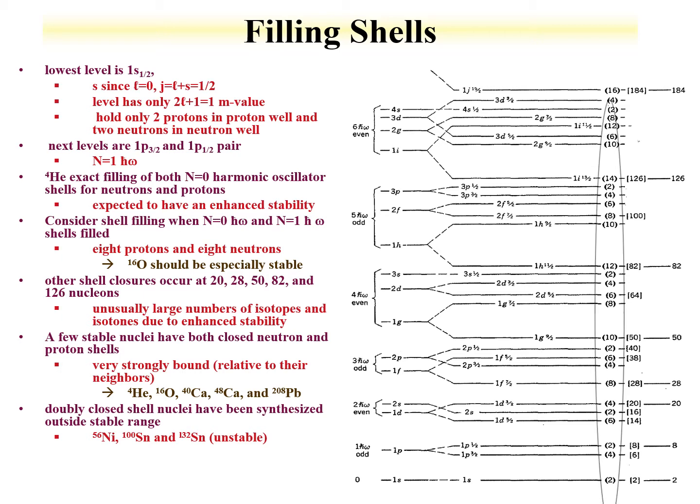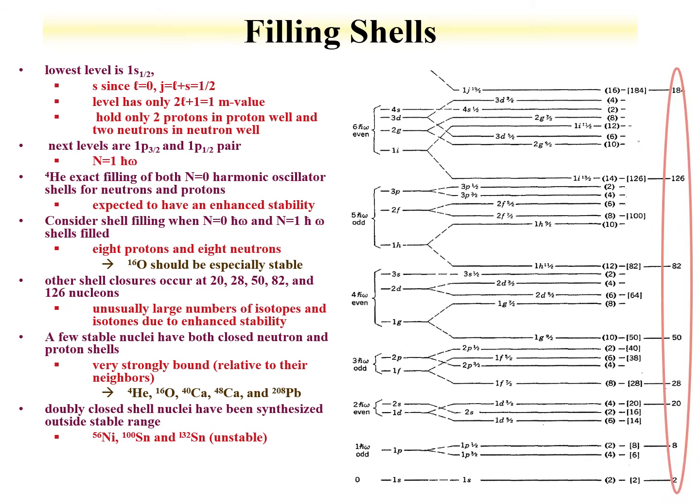The other aspect of the shell model is here, where we can see the number of nucleons, either neutrons or protons, that can fill a given shell, the total amount of nucleons at that point that fill the shell, and then finally the magic numbers.